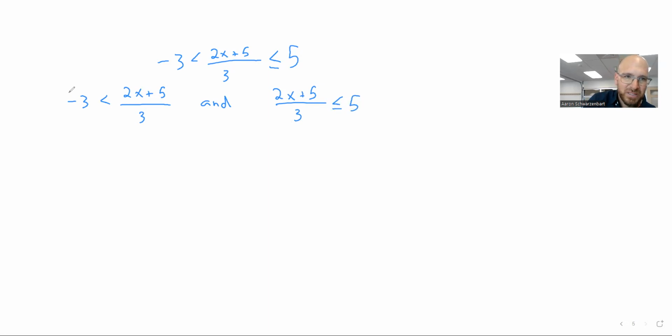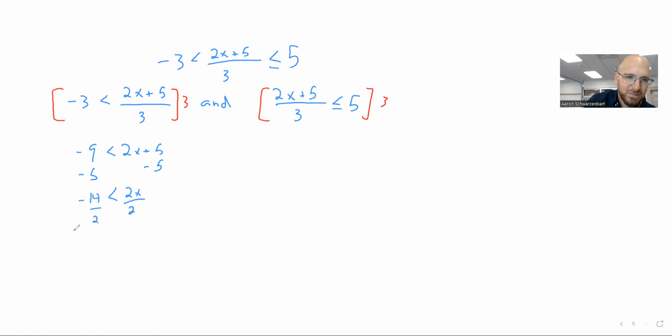So solving both of these, I'm going to start by multiplying both sides by 3. That gives me negative 9 is less than 2x plus 5. I'll subtract 5. Negative 14 is less than 2x.